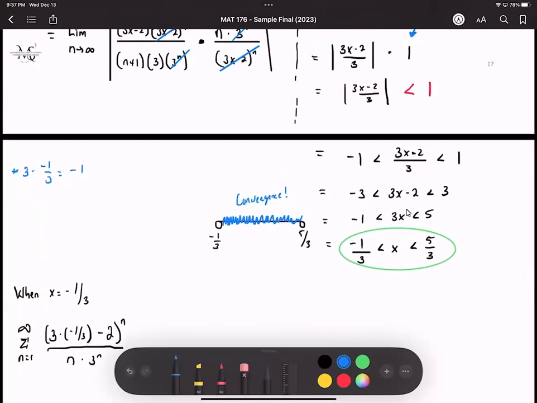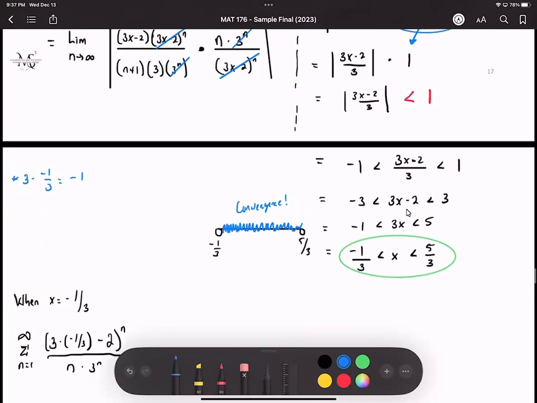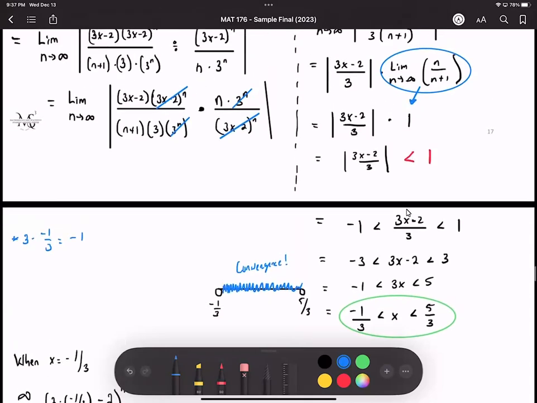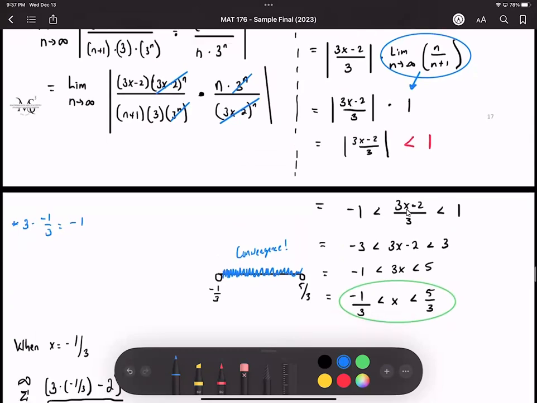We multiply by 3. Then add 2. Give me one second.